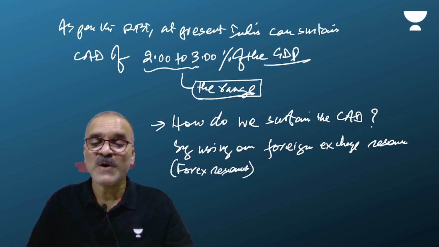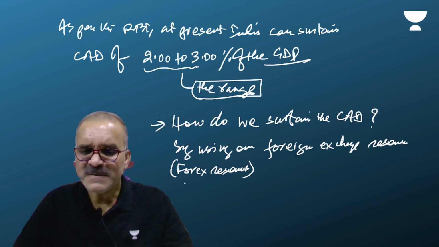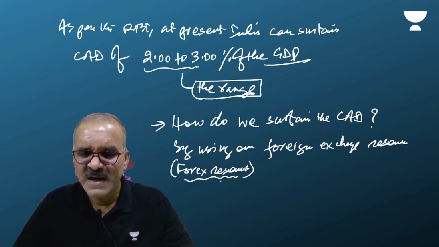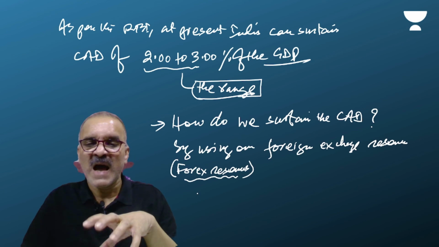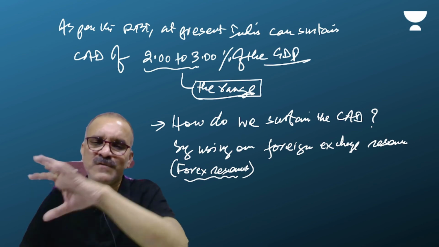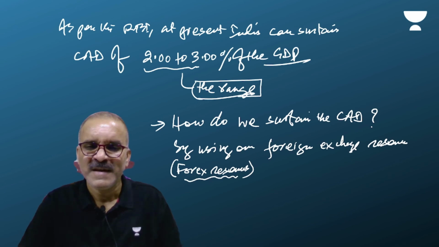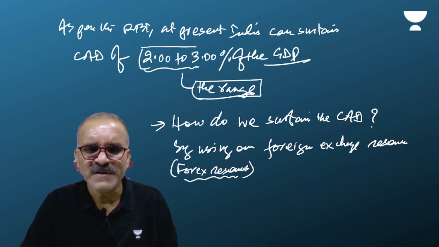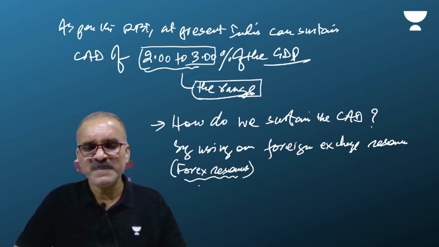It means according to RBI, as much forex reserve as India is maintaining right now, and given the chances of inflow in future from almost all sources, it can help India sustain a current account deficit of only up to 3%.